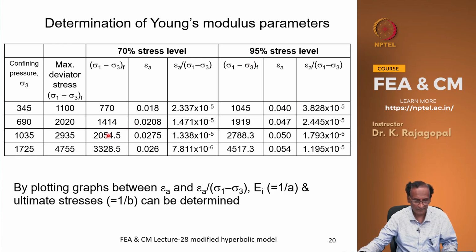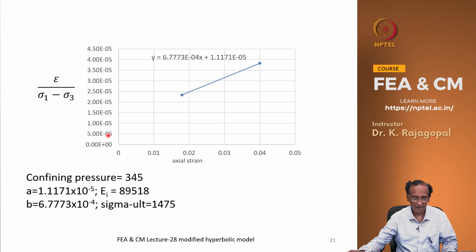Then we can plot a graph between epsilon and epsilon by sigma 1 minus sigma 3 at different confining pressures. So, this is the graph for confining pressure of 345.